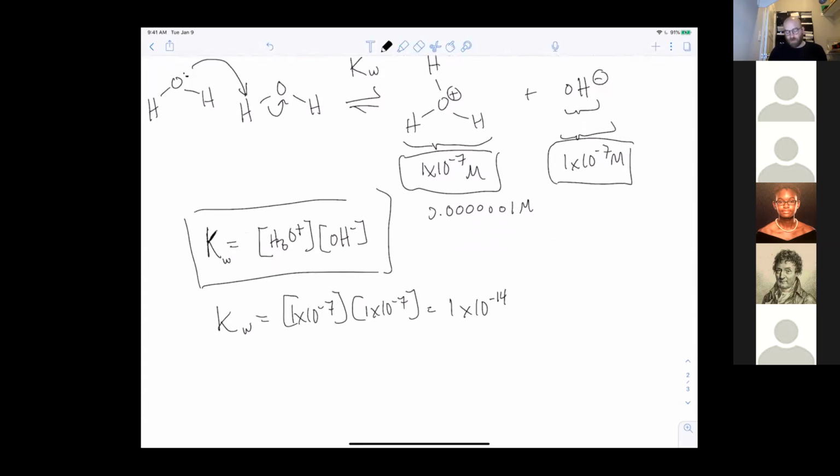And so what we'll see is that OH minus and H plus are tied together through this equation, and if you know one, you essentially always know the other one.